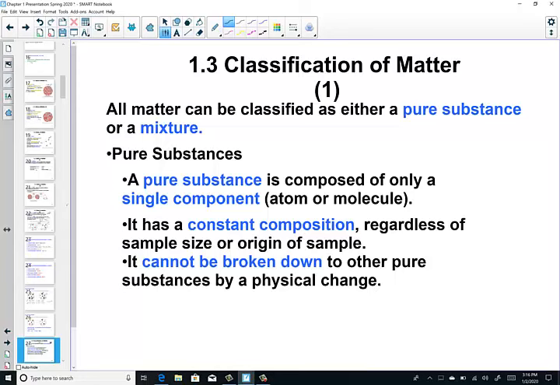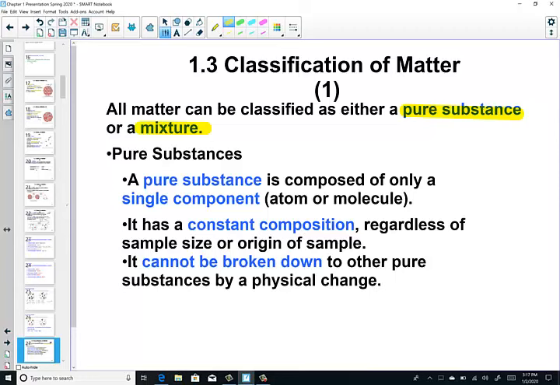What types of matter are in the container? Is it pure? Is it a mixture? Are things being blended? Are they bonded? So in our next section, we're going to talk about the classification of matter. One of the very first classifications is recognizing if it is either a pure substance or a blend of many things called a mixture.